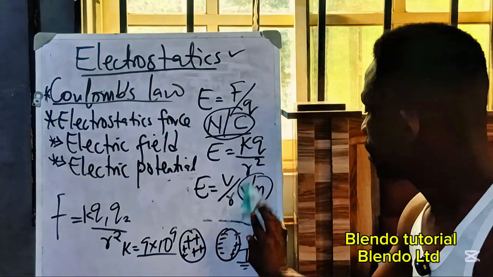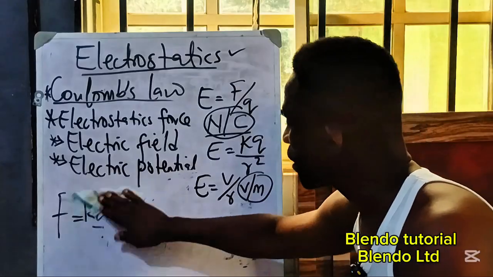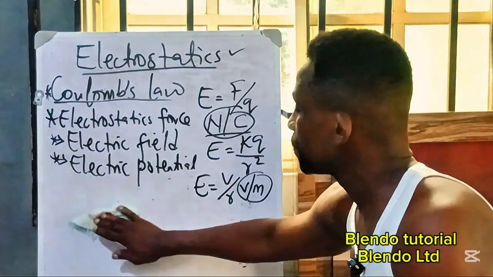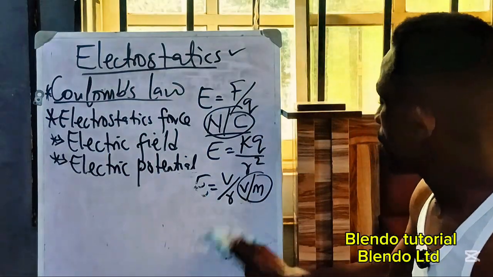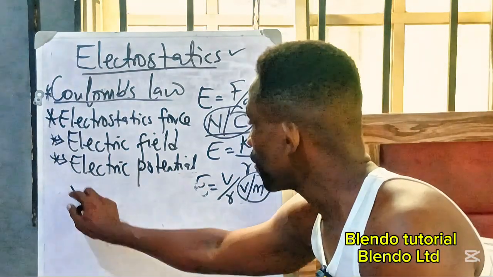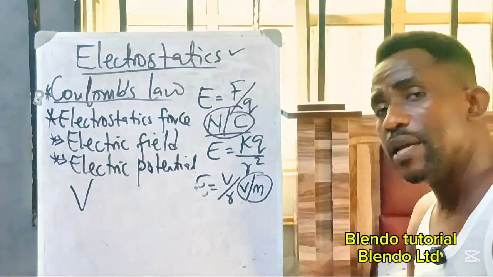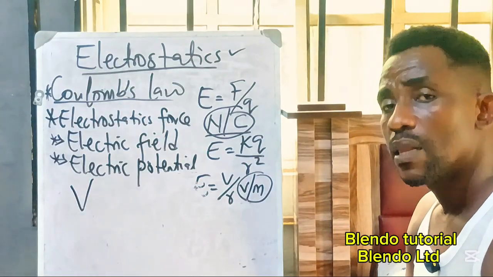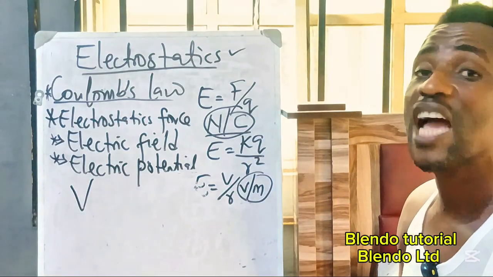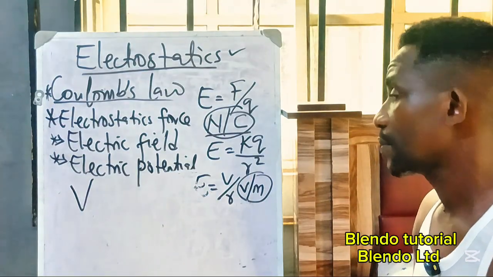Having said that, we have to talk about electric potential. When we talk about electric potential, V is the work done in bringing a unit charge from infinity to a particular point.